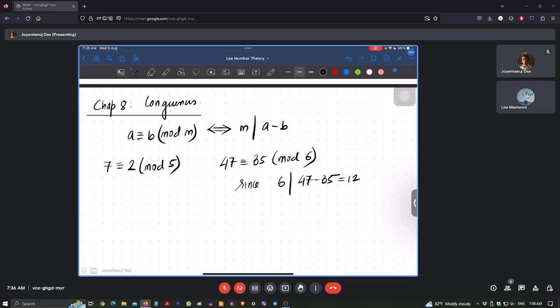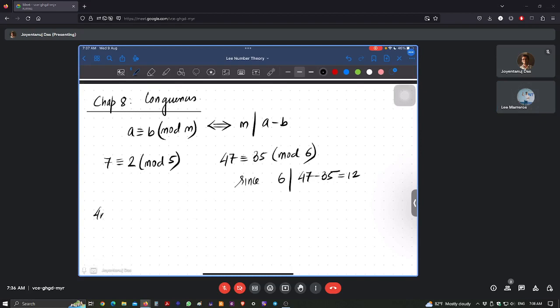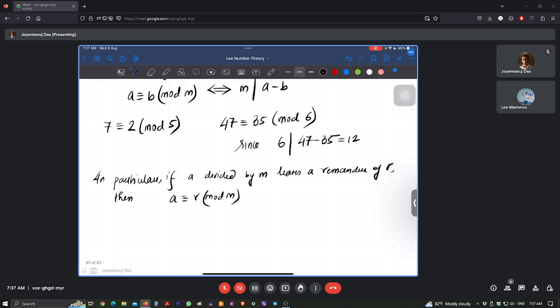Fine. So in particular, if A divided by M leaves a remainder R, then we can say that A is congruent to R mod M, right?